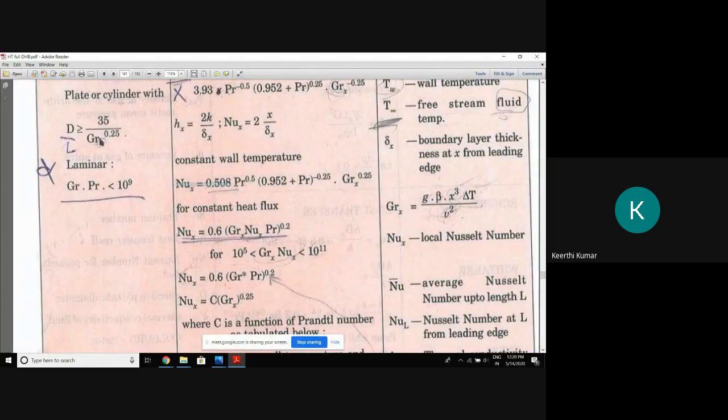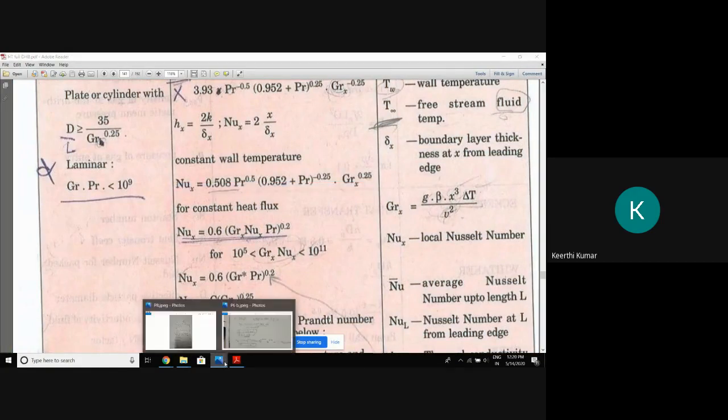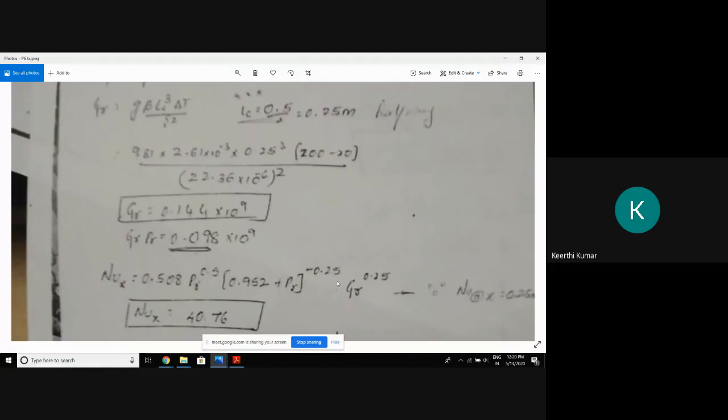You take this formula and substitute all the values. This Gr is at a distance of x only, which means LC is equal to x now, correct? Half of the way is given, so LC I can write as x.